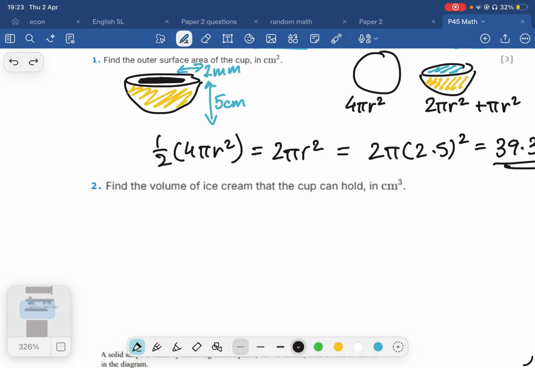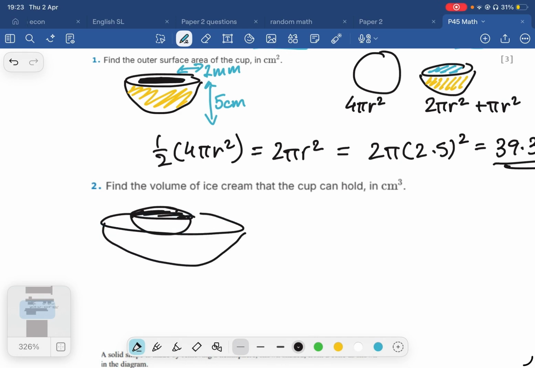We find this by changing the radius of the hemisphere. Inside, it's still a hemisphere, the hole, but it's just a smaller hemisphere. So it's surrounded by a bigger hemisphere, but it's inside. It's smaller. So how do we find the radius of this hemisphere?